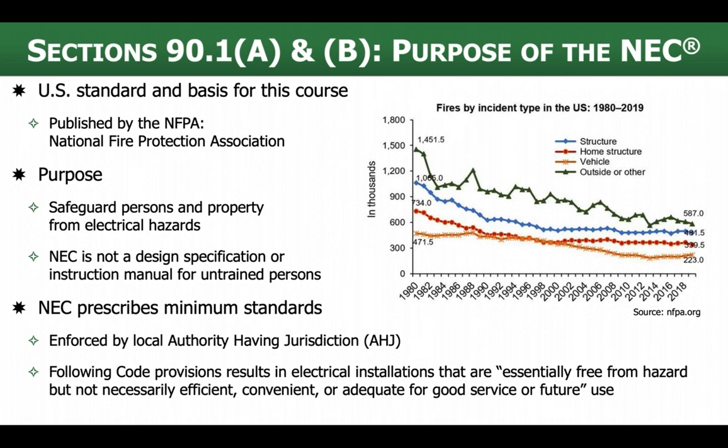Your PV system doesn't actually even have to work. You could install a code-compliant PV system that never turned on. Right now, okay, maybe there's some violation in there that prevented it from turning on, but that's not the point. The point is safety here, and it's not to teach you how to do things. It's to give you rules that you need to follow so that the installations you perform are, in fact, safe.